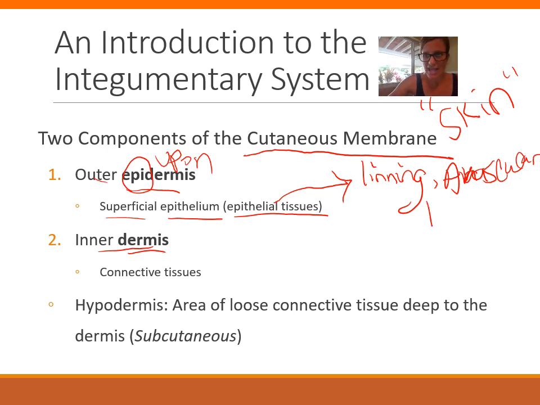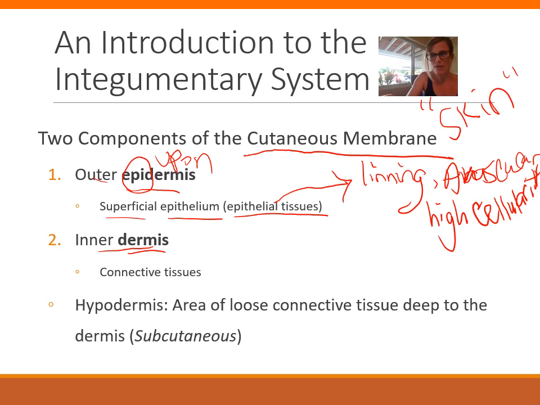Also, it has a high degree of cellularity. High cellularity means that the cells are jam-packed very, very closely to each other. There's not extracellular space or extracellular fluid.